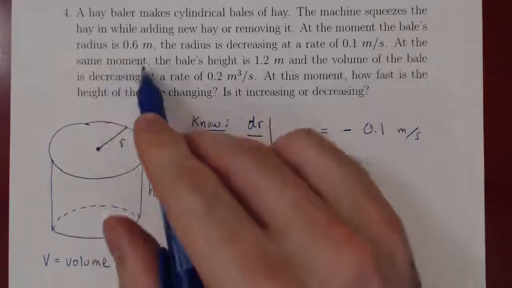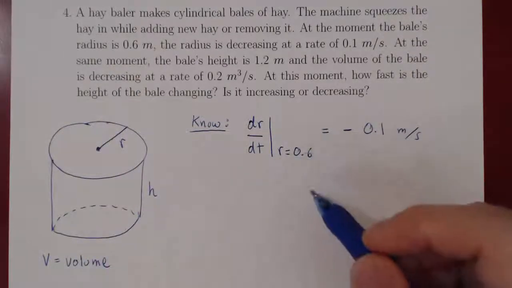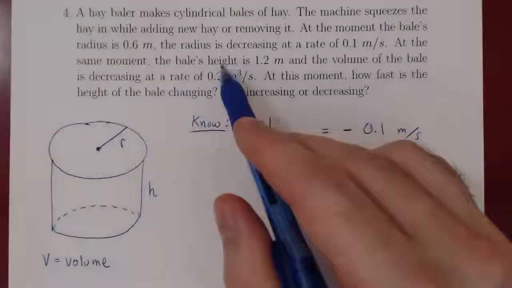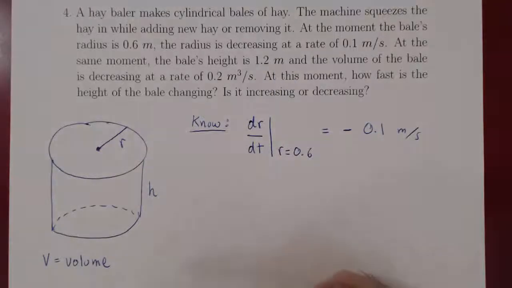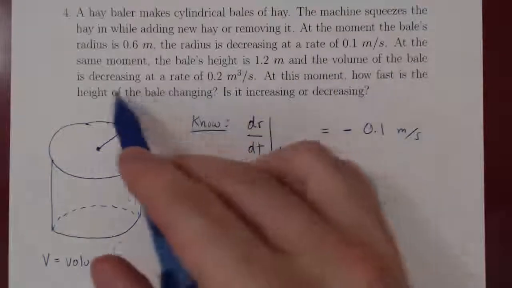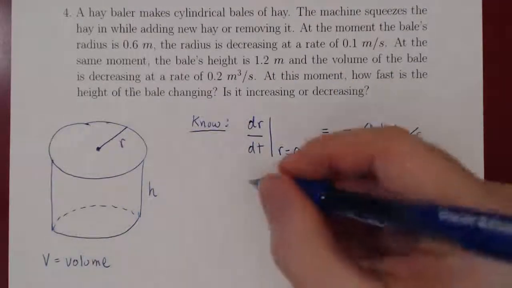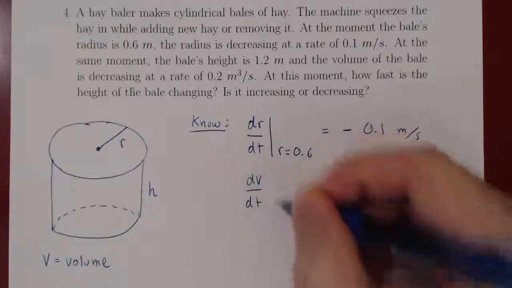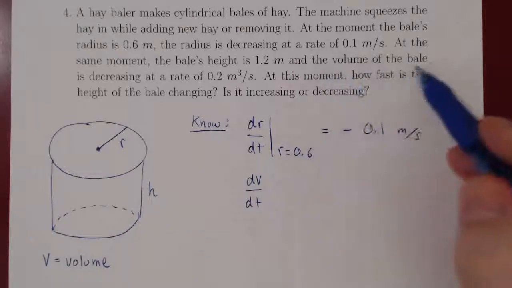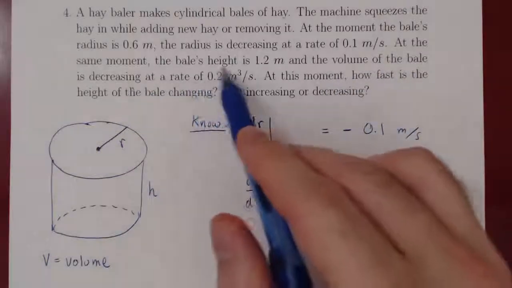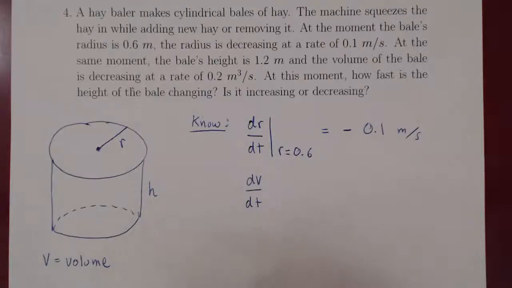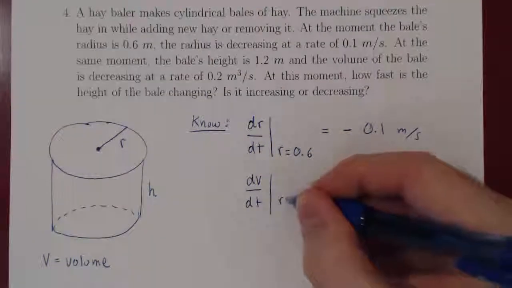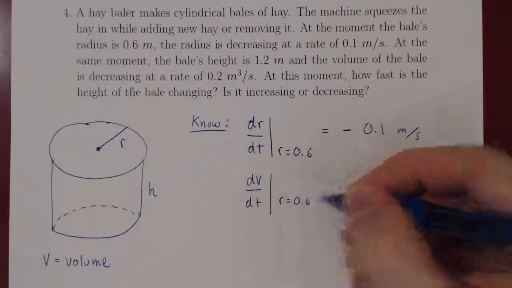At the same moment, so when r equals 0.6, the bale's height is 1.2 meters, and the volume of the bale is decreasing. That's the rate of change of the volume. The volume of the bale is decreasing at a rate of 0.2 meters cubed per second. And that moment, as we've just said, is when the radius is 0.6.